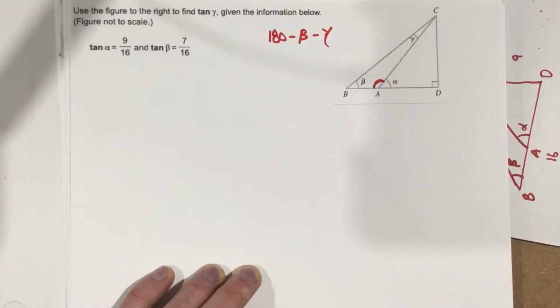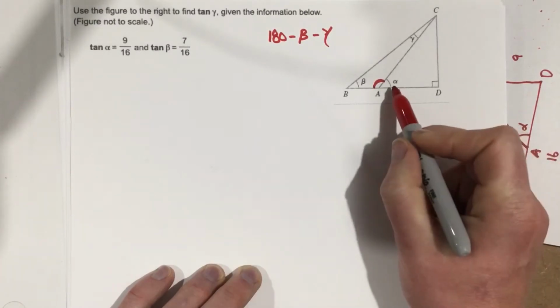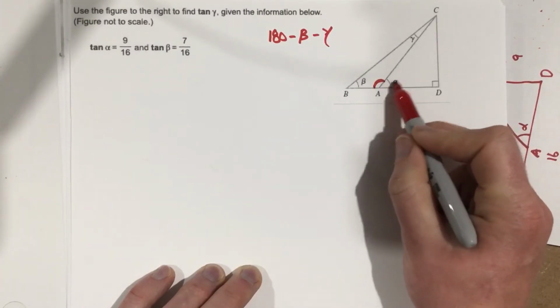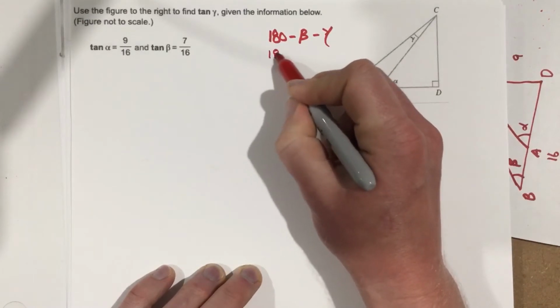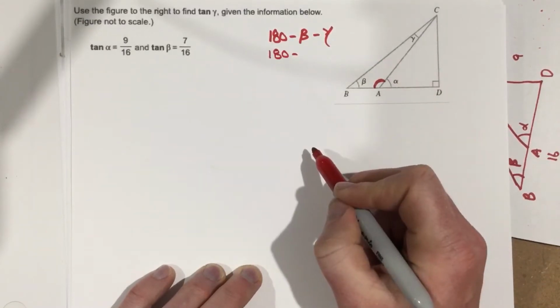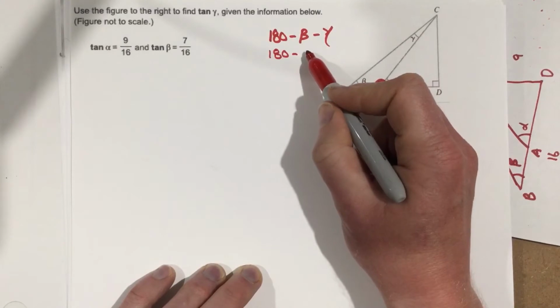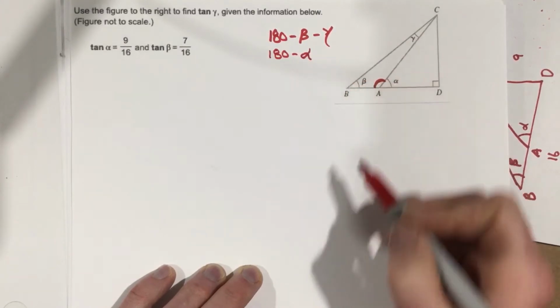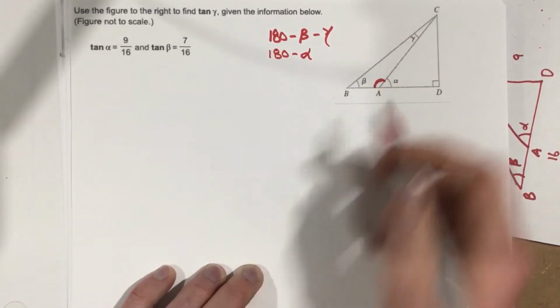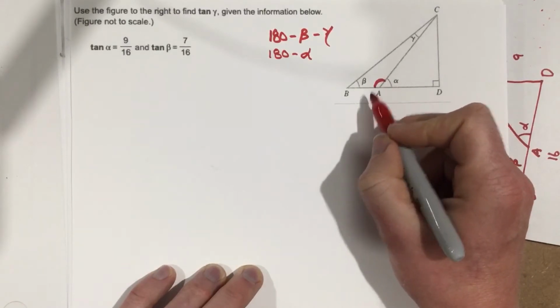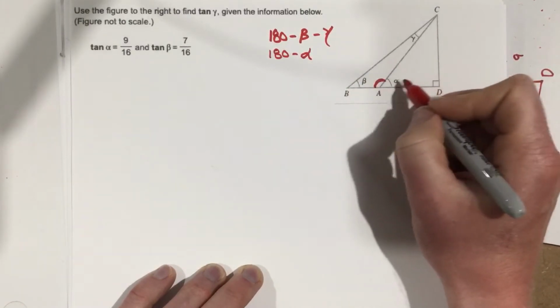Now, if you took 180 minus alpha, you would also get that angle as well. So let's call this angle x.